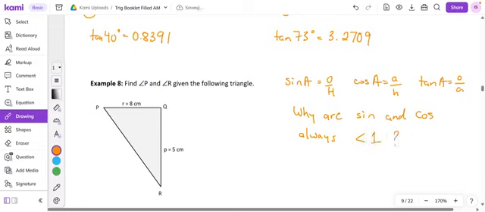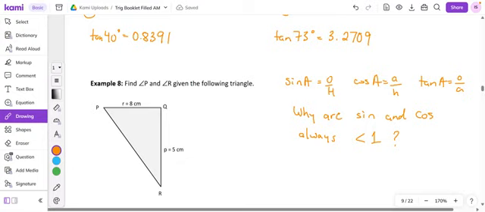Here's a good communication question. So this is true. Sine and cosine ratios are always less than 1, in our acute triangles.